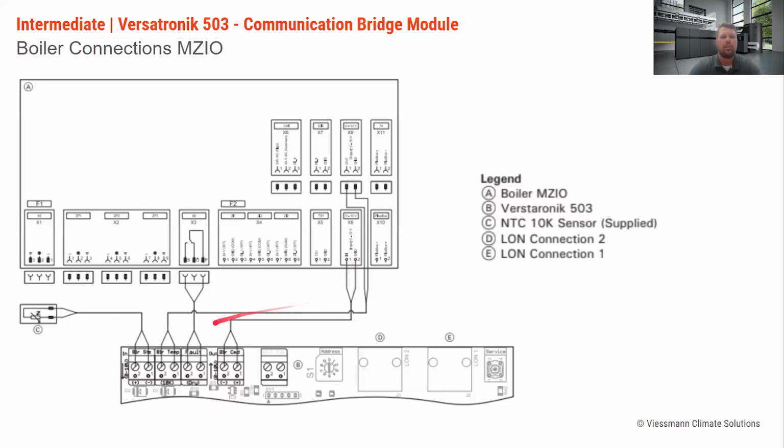And in the Versatronik control, we're going to be looking at our burner position feedback. So this will be your 0 to 10 volt output. And that 0 to 10 volt output, we'll use the 2 wiring connections here, and we will bring those over into our boiler temperature location. We have our 0 to 10 volt input, which we're going to bring over here to our boiler demand, boiler command call.